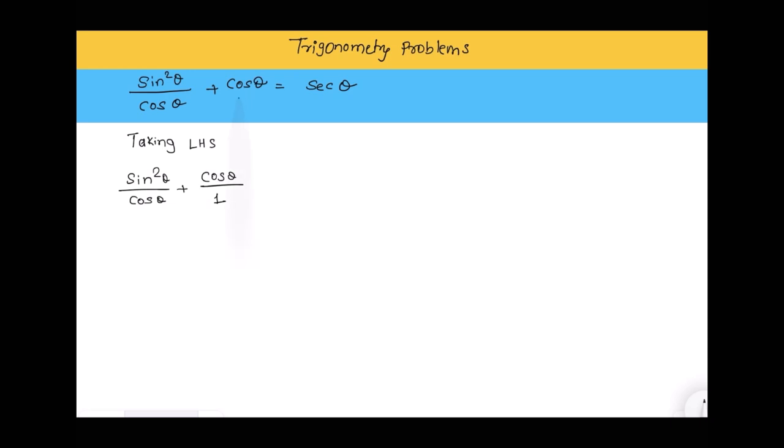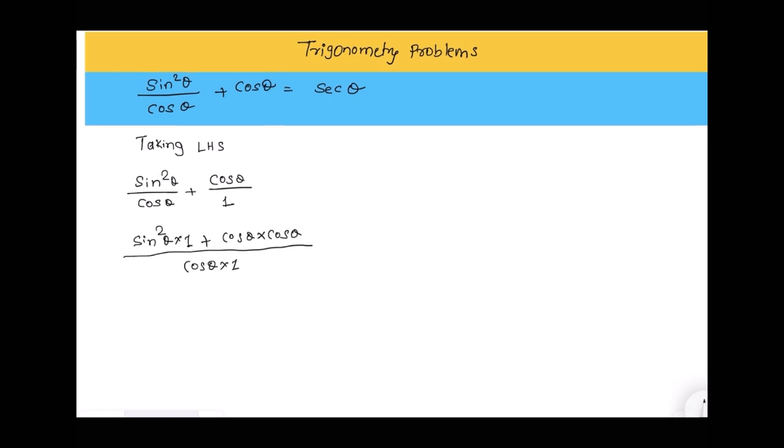It is nothing but cos theta upon 1. So for addition, we are cross multiplying the denominators. Sin square theta into 1 plus cos theta into cos theta upon cos theta into 1, making the denominator common. So what we get? Sin square theta plus cos theta into cos theta means cos square theta upon denominator cos theta. Let's focus on numerator.